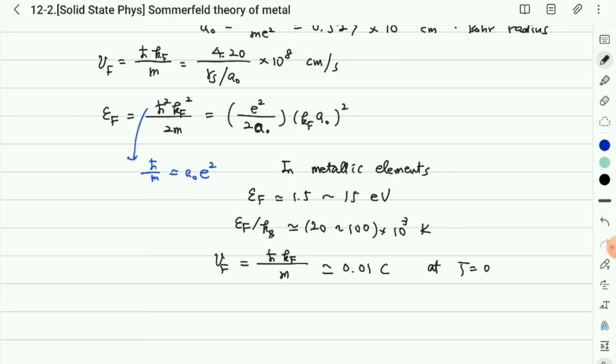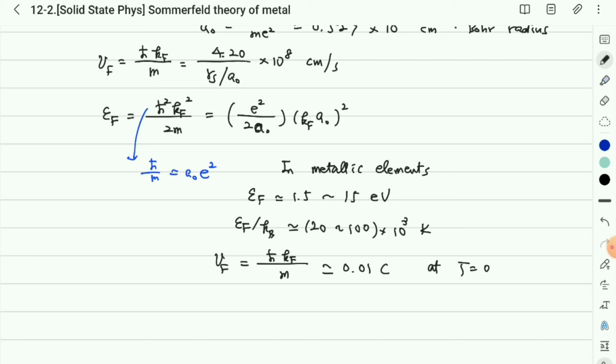But that is wrong, because in a real system electrons are fermions. If the electrons were bosons, we could think that all the particles freeze out, but electrons are fermions, which means electrons occupy quantum states from the lowest energy level to the highest energy level.